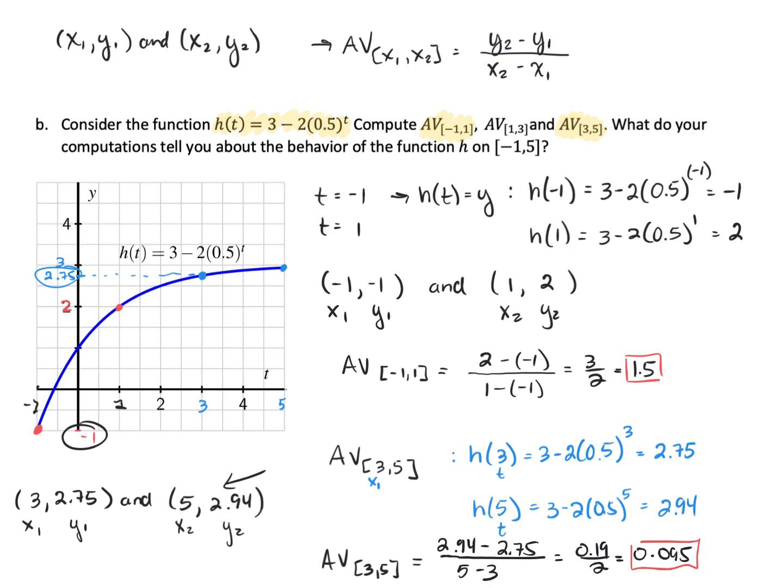One thing that I want you to notice is that the average rate of change over the interval -1 to 1 is much greater than the average rate of change over the interval from 3 to 5. We can see that visually if we go to the graph.